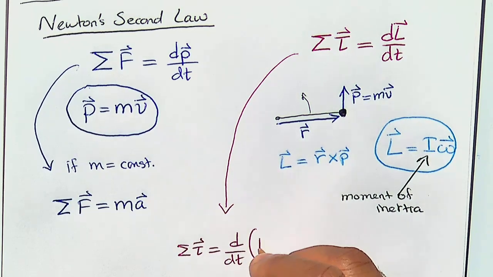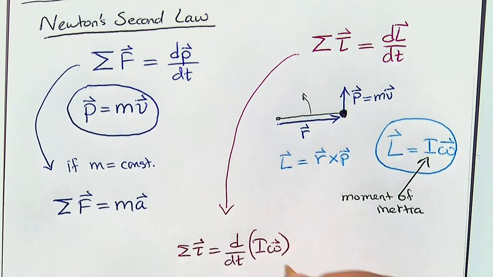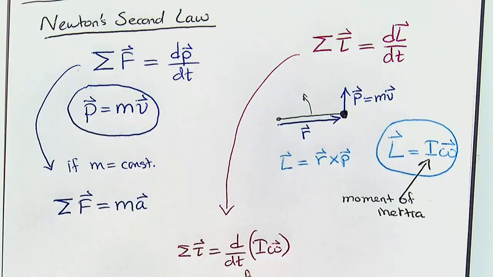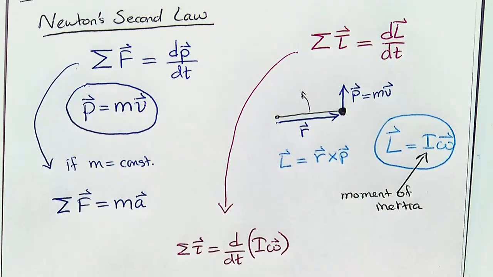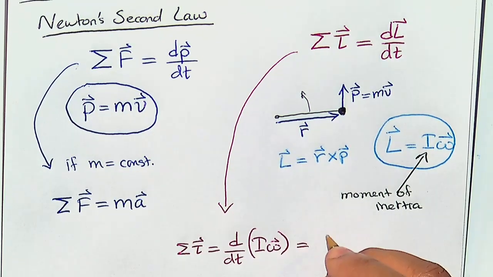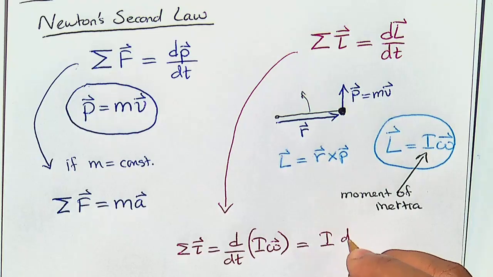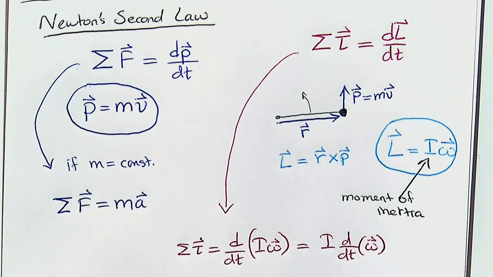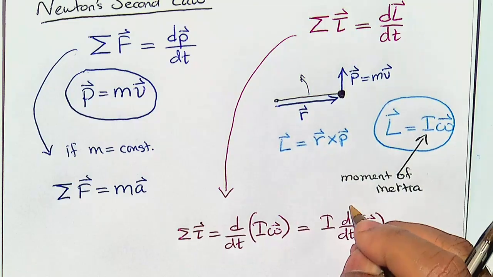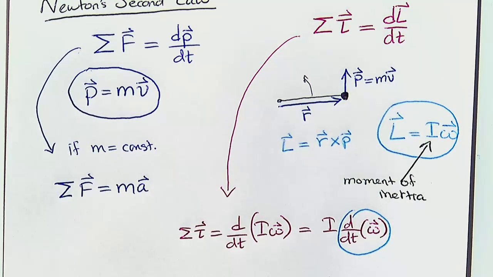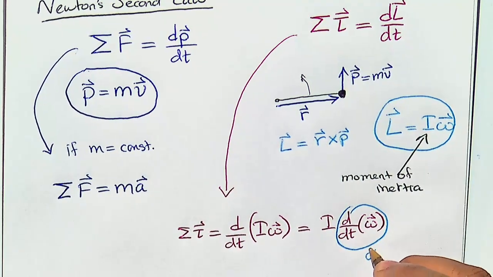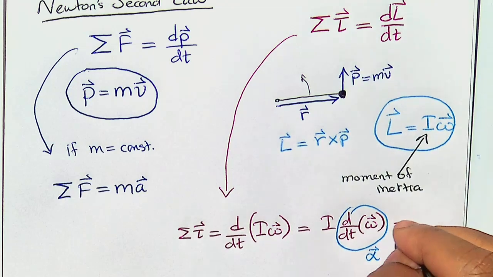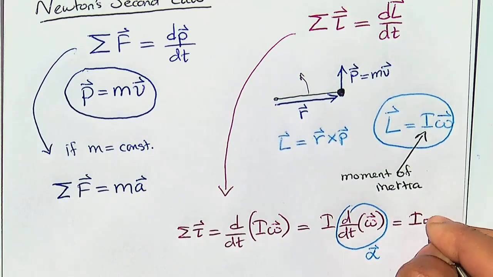We can rewrite angular momentum as I times omega using its definition. If we assume I is constant, we can pull it out of the derivative, where you have I times the derivative with respect to time of omega. And a derivative of velocity is an acceleration, so you're left with I alpha.